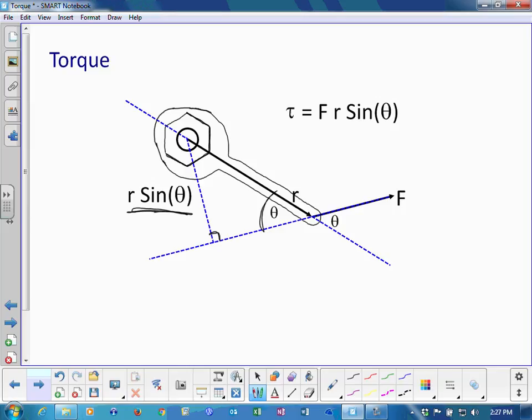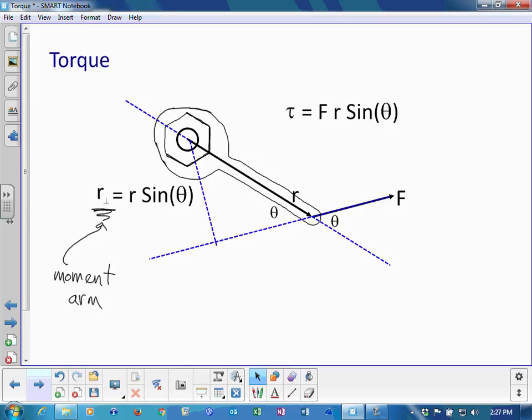Okay, and so now let's call that r perpendicular, and we can call that a moment arm. It's the perpendicular distance between the pivot point right here and the line of action of our force. Here's the line of action of the force.